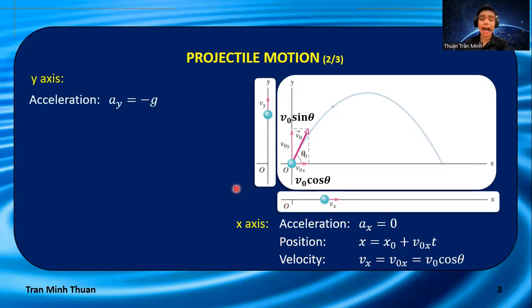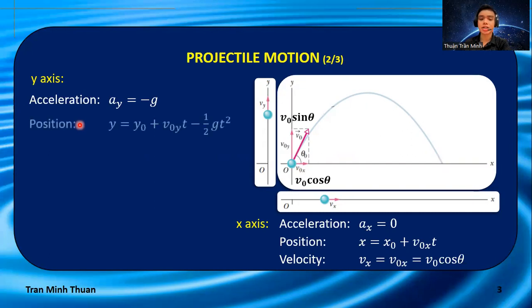On the y-axis, the acceleration of the object equals g, the gravitational acceleration, with up as positive, so ay equals negative g. This means that the object is in uniformly accelerated linear motion.